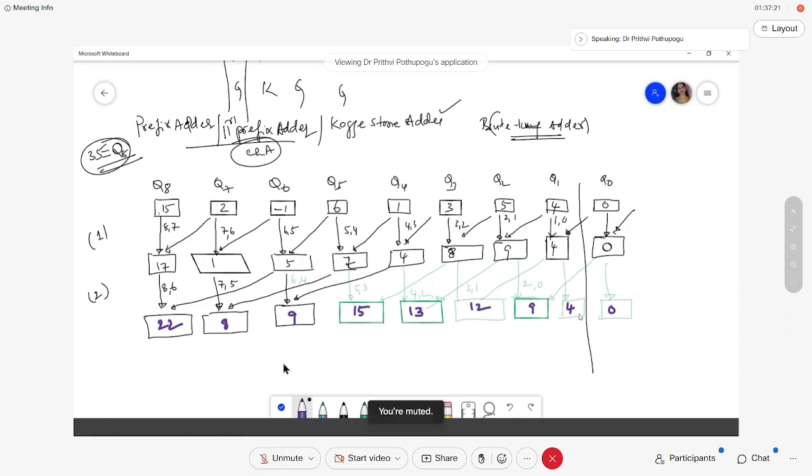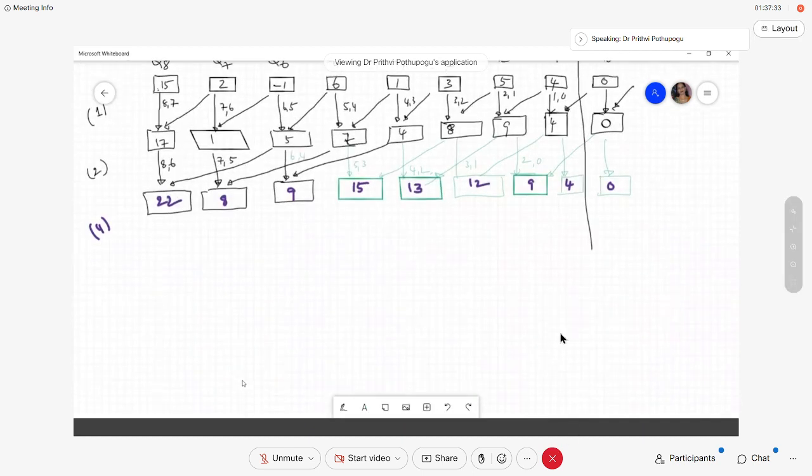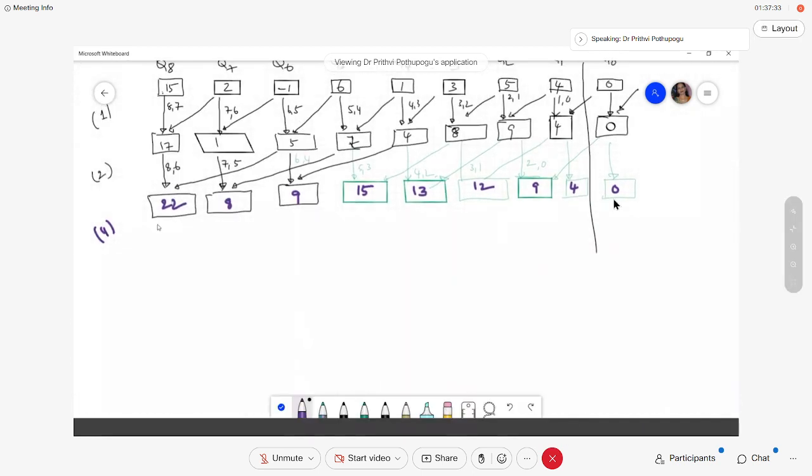Now next is talking with a distance of 4. A neighbor at the distance of 4 we need to take. A neighbor at the distance of 4 means this one. 1, 2, 3, 4. Yes, a neighbor at the distance of 4.